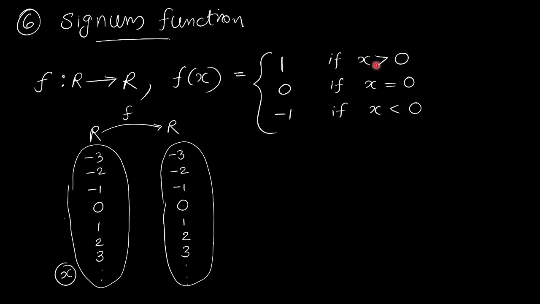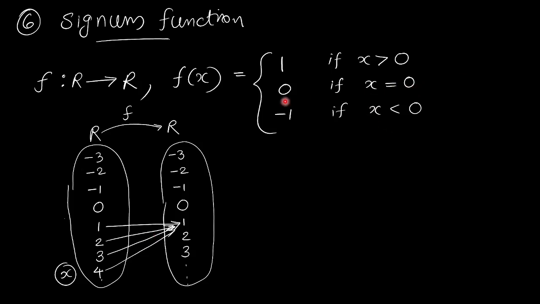For all positive real numbers, the image is 1. 1 is a positive number, image is 1. 2 is a positive number, image is 1. 3 is a positive number, image is 1. 4 is a positive number, image is 1. 3.5 is a positive number, image 1. Like that.